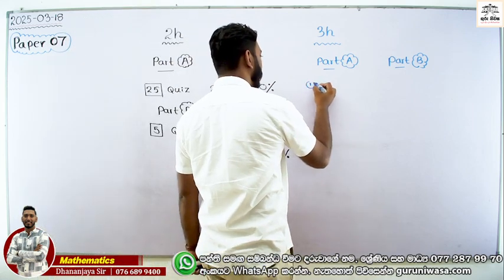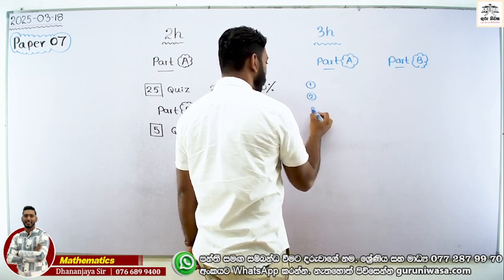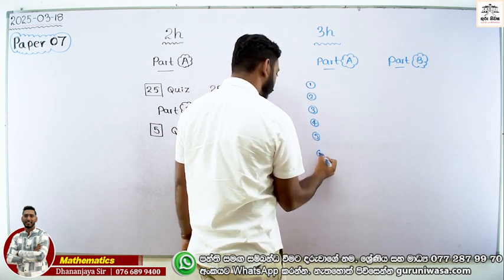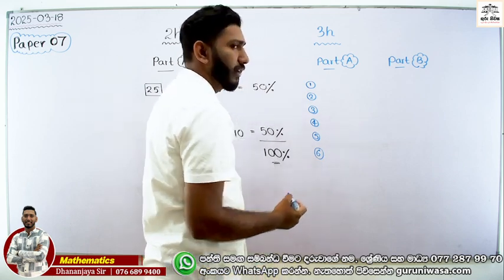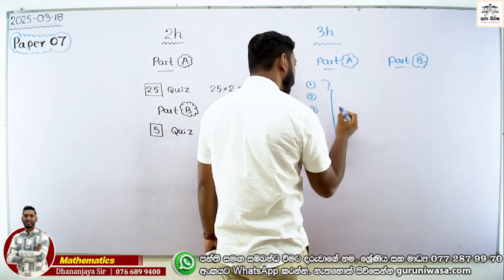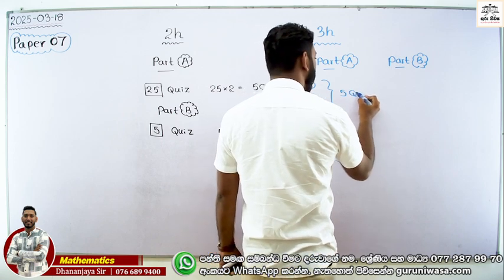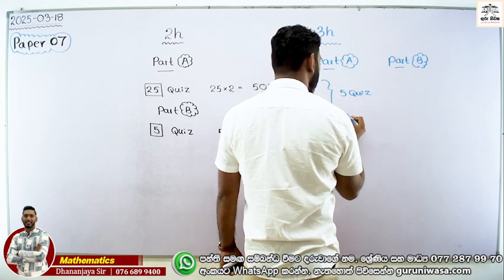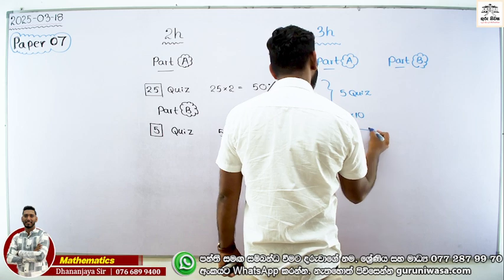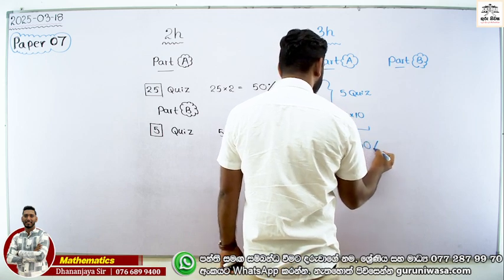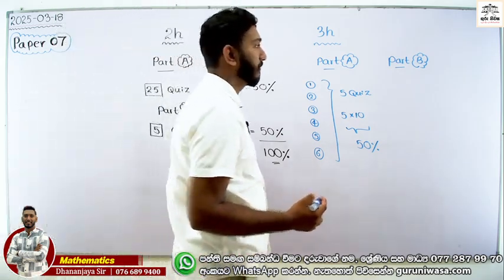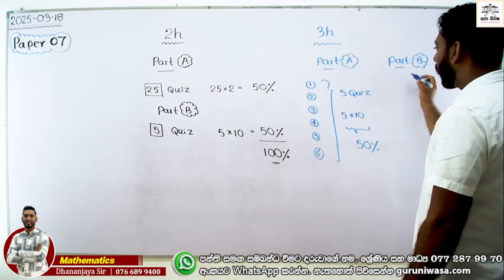Part A includes questions 1 to 6, and we need to write 5 questions, compulsory. Therefore, 5 questions multiplied by 10 marks becomes 50% of the paper. 50%, right?